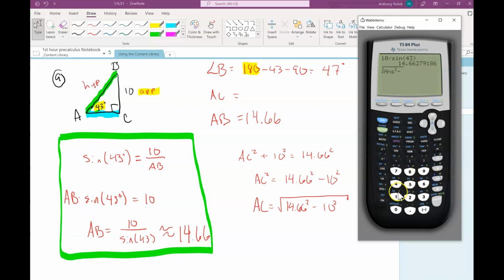I'm using that answer function to just copy this 14.66 in there, rather than typing 14.66. It was less buttons, that's why I did it that way. So I get 10.72.